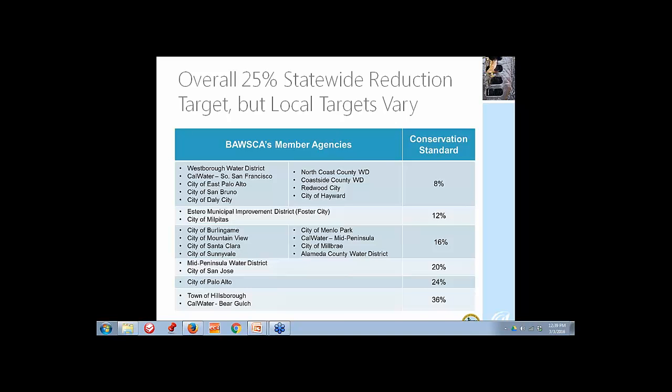On the other hand, water suppliers with high water use per capita, like the town of Hillsborough or Bear Gulch, are assigned the highest conservation standard of 36%. The idea is that water suppliers that consume the most water bear a higher proportion of the responsibility for reducing the state's water use, so that it evens out to about 25% savings for the state as a whole.